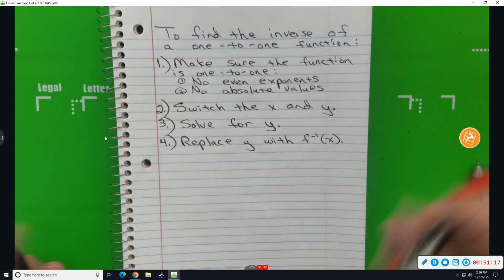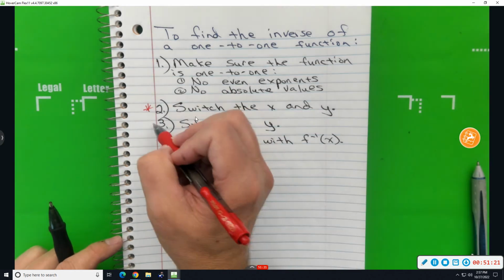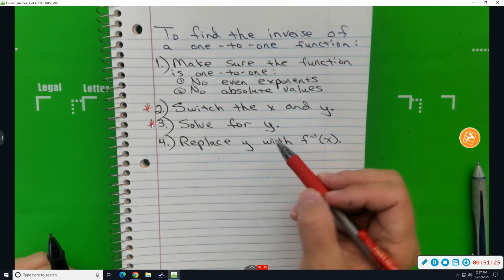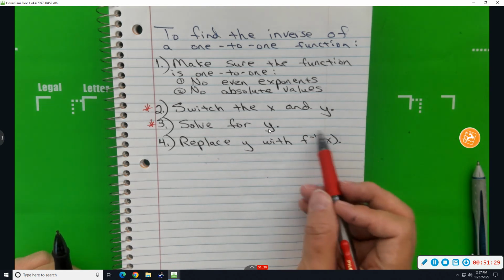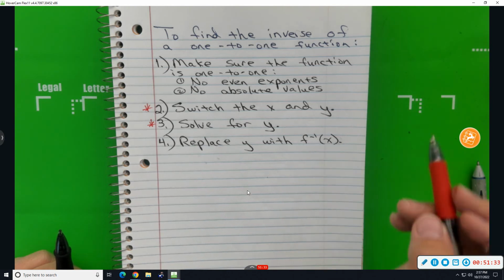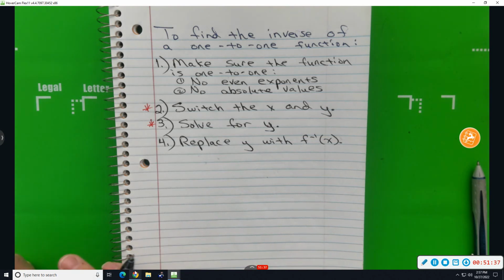But all of the work is right here: switching the x and y and solving for y. Because once you solve for y, you won't have to type in this inverse function notation. They'll have f inverse of x equals and a box. So once you solve for y, you've got the inverse.